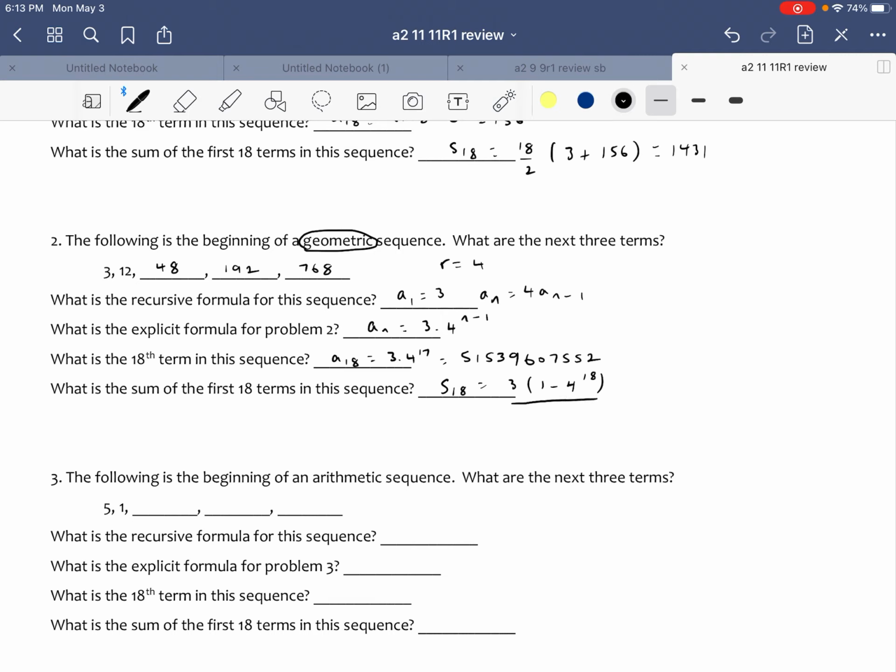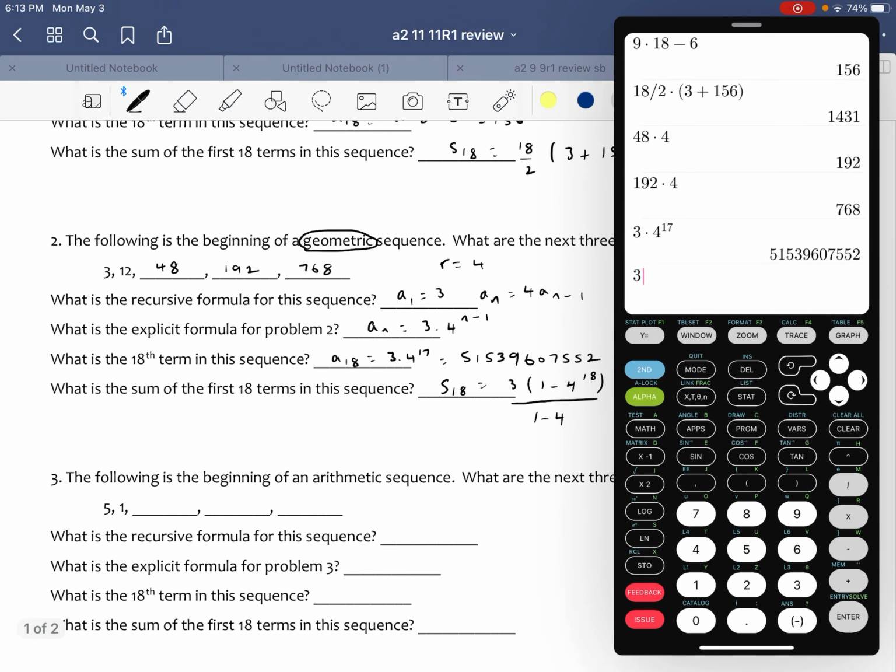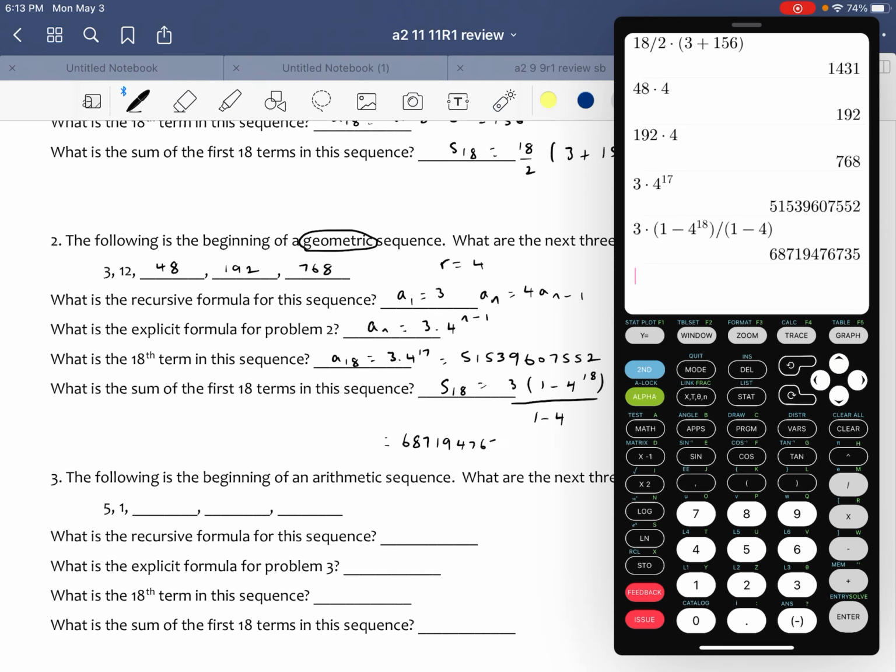Not minus 1, but the 18th power, divided by 1 minus the ratio. It's all about the formulas.